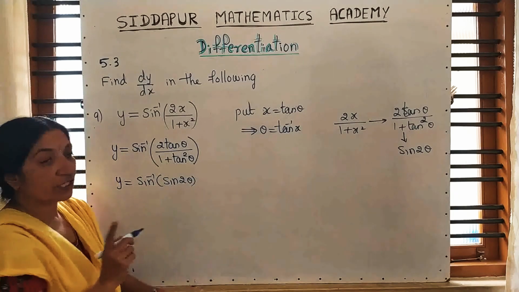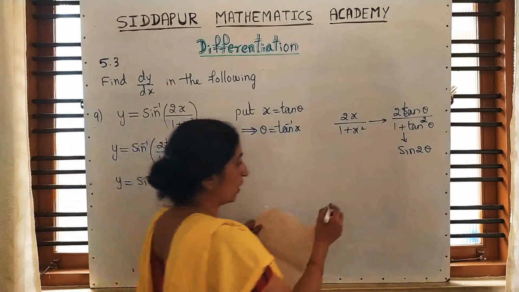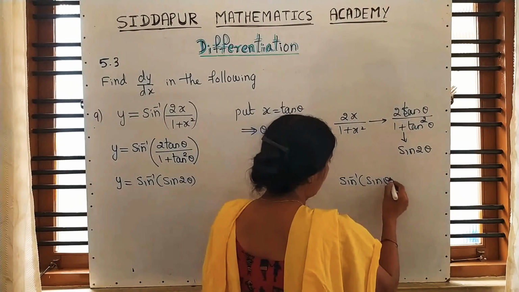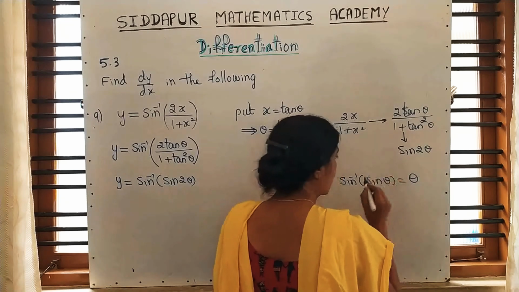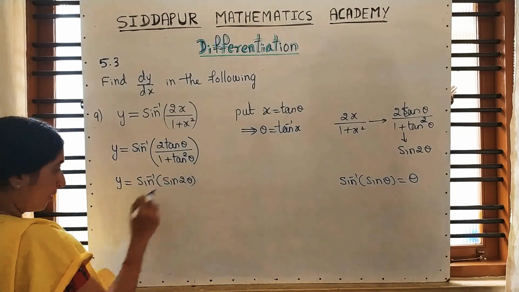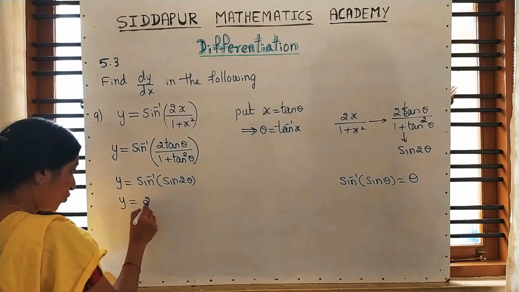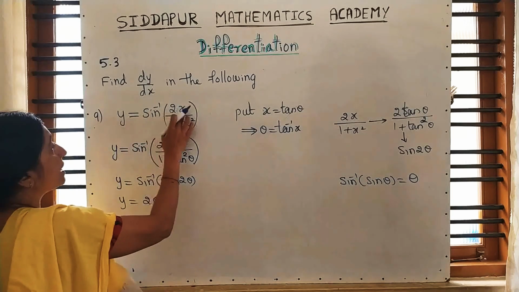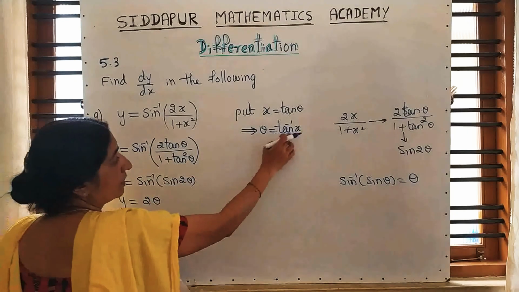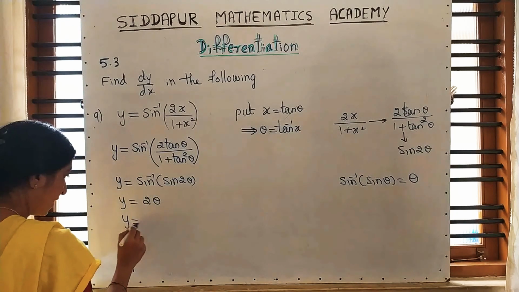And in inverse trigonometric functions, I gave the formula. If it is sin inverse of sin theta, then the answer will be theta, if it is lying between minus 90 to plus 90. So applying that, we get 2 theta. The problem started in terms of x. Here we got theta. See, what is theta? Theta is tan inverse x.